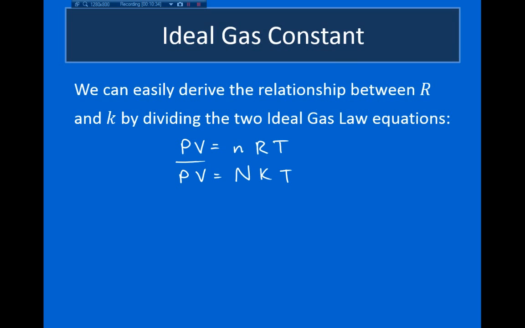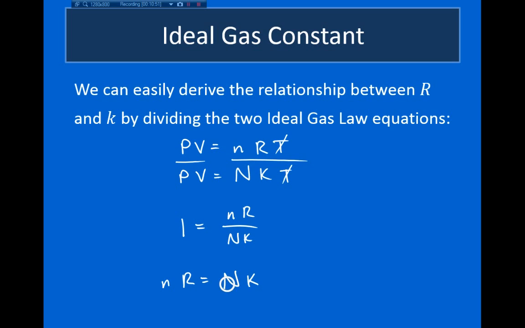So if I just divide these two equations, on the left side I have 1 is equal to, temperature cancels, so we have nR over Nk, or nR is equal to Nk.